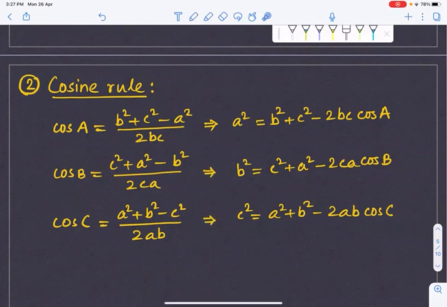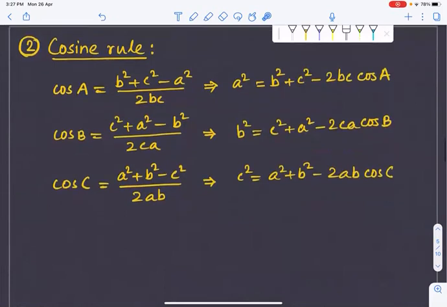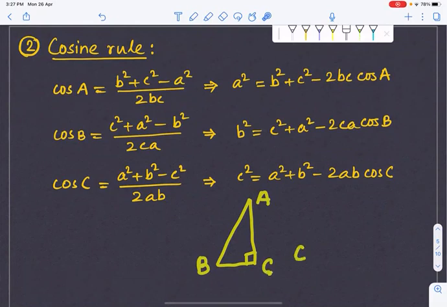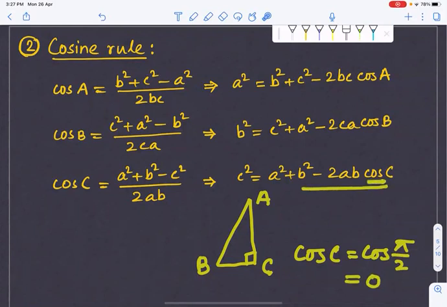You can understand when we have this type of triangle, say this angle is A, this angle is B, and this angle is C. This is a right angle triangle. So angle C is pi by 2. Then what will be cos C? Cos of C is equal to cos of pi by 2, cos 90 degree, which is 0. If you look at this formula, cos C becomes 0, so this term will not be there and you see what you get.